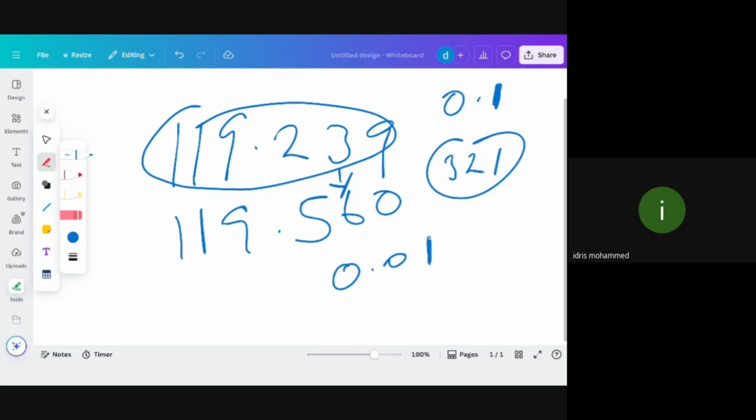You multiply it by 10 or 100? Let's see. I think multiply it by 10, not 100.